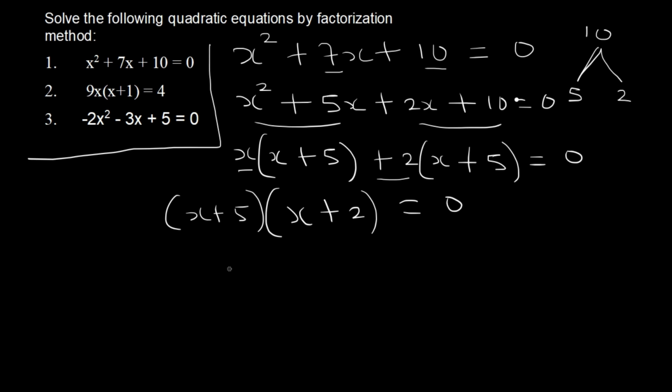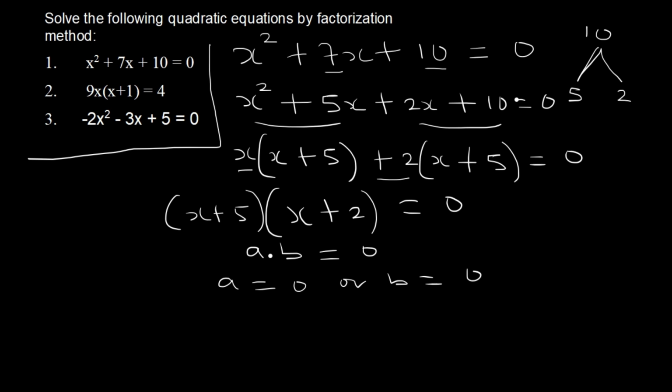Everything equal to 0. So there is a rule in mathematics that if two numbers are multiplying themselves, say a times b is equal to 0, it follows that either a is equal to 0 or b is equal to 0.